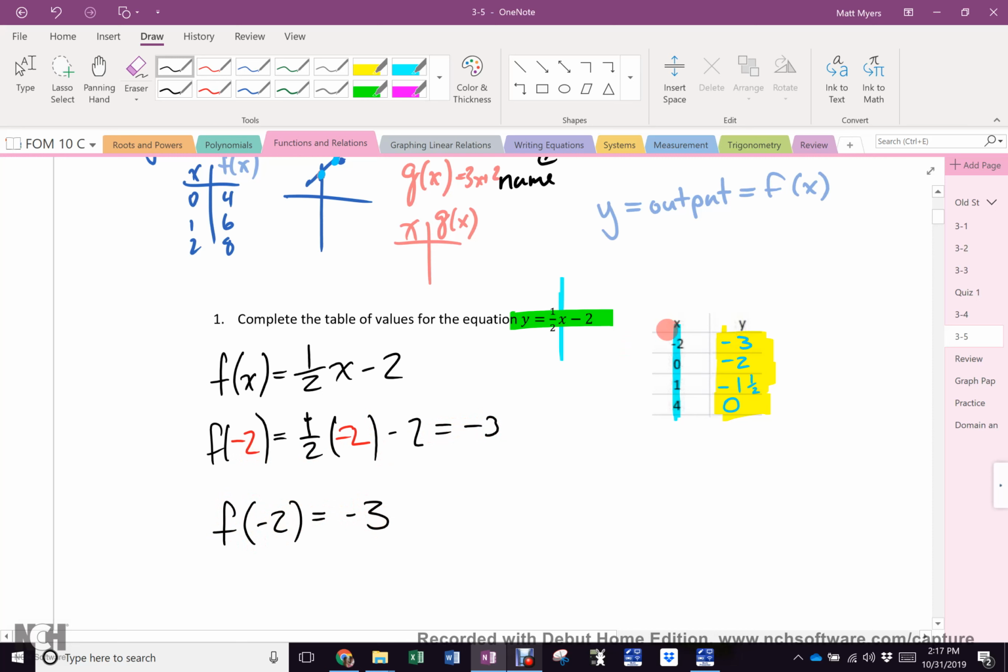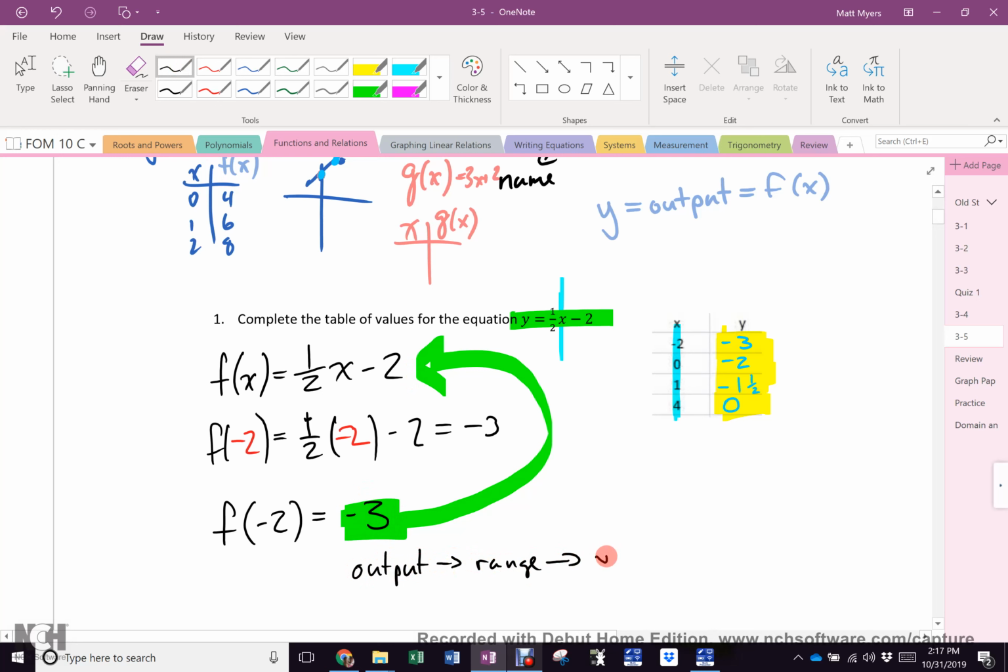Negative 2 was an x. Negative 3 is the result of f of x. So that must be an output, which means it must be a range, which means it must be on the y-axis, which means it must be a y value.